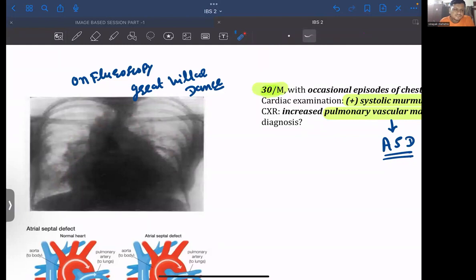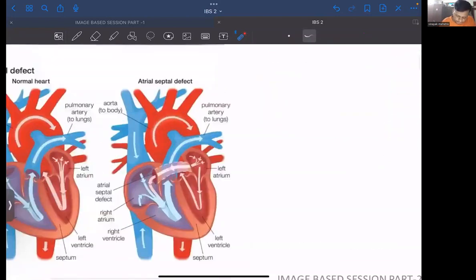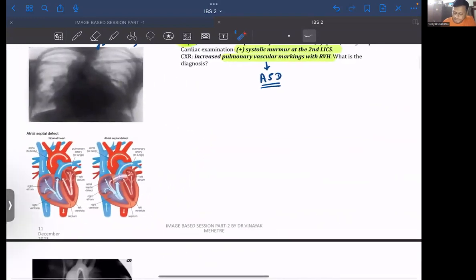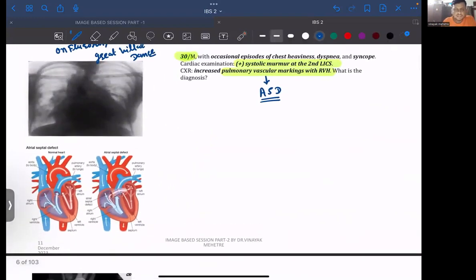What is ASD? A defect between the atria, right? A defect in the atrial septum. So there will be a hole present between both atria. What is the most common type of ASD? Can anybody tell?